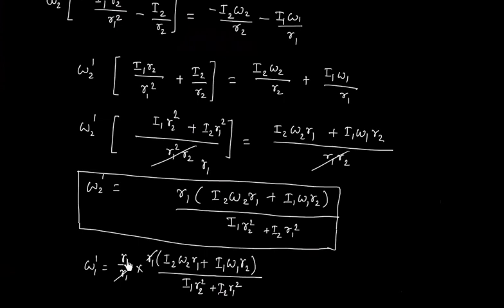R1 cancels. This is R2. So this is the value of omega 1 dash and omega 2 dash respectively.